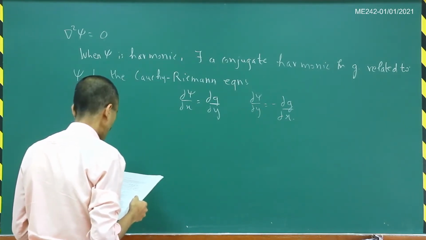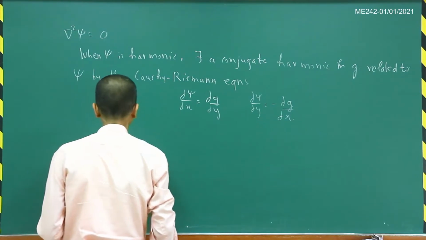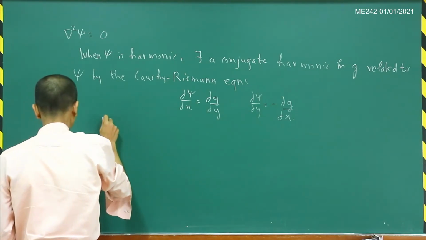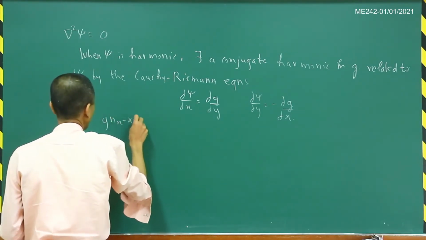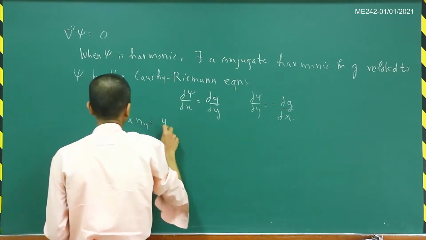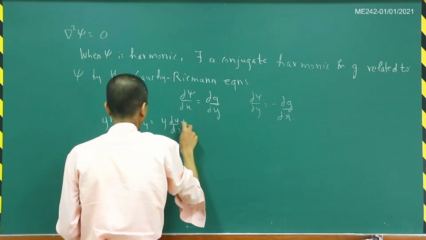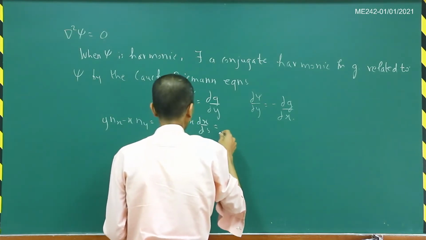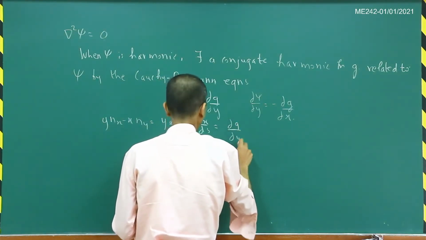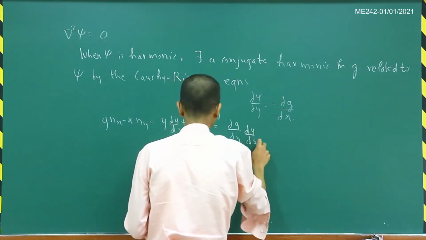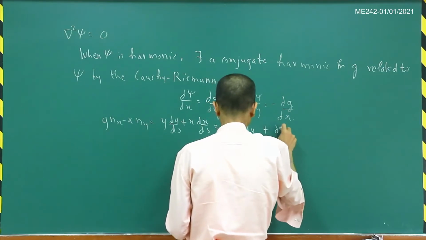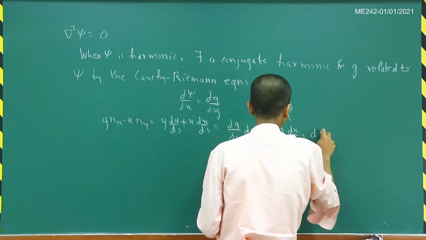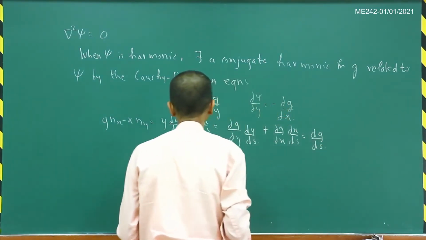And the boundary condition now will be given by, so we have seen that y and x minus x and y will be equal to y times dy by ds plus x times dx by ds, which is equal to del g by del y times dy by ds plus del g by del x times dx by ds, which is equal to dg by ds.